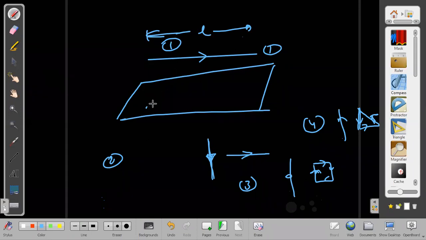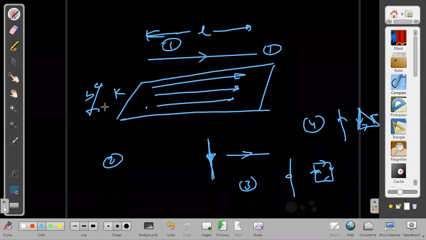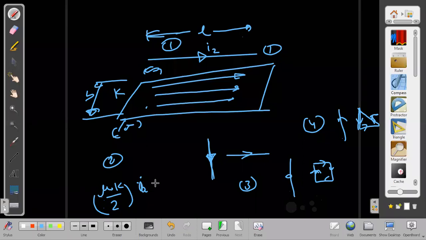Let us say the current is going this side, and it is K current, and this is width B. Although the current is due to an infinite sheet, going from minus infinity to plus infinity on both sides, I am taking one part of that and studying the part B. Then the magnetic field will be mu naught into K by 2, and into the current here, let us say I2, into L. That is the value of the force. Is it understood? First part.